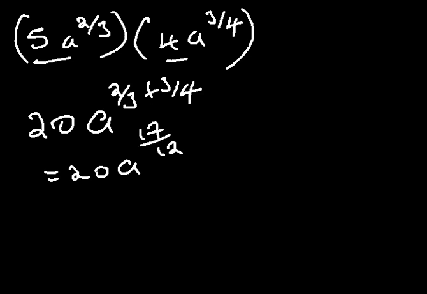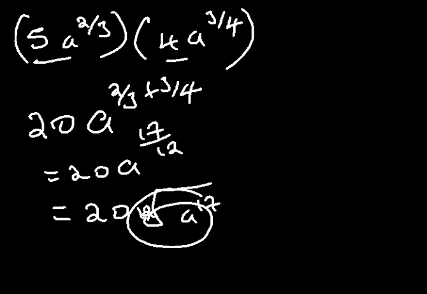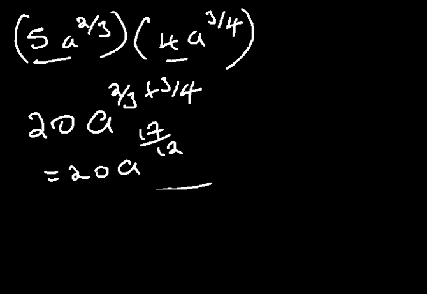Further, we can simplify it as 20 times the 12th root of a to the power 17. You can leave it at this point. It is fine as well.